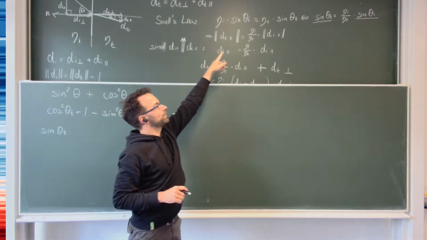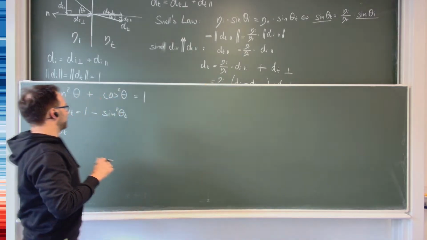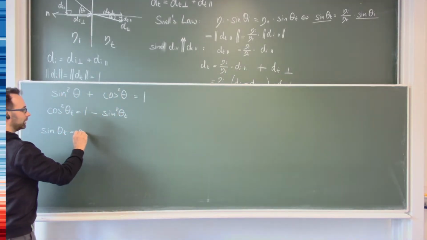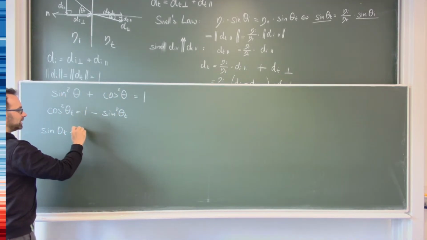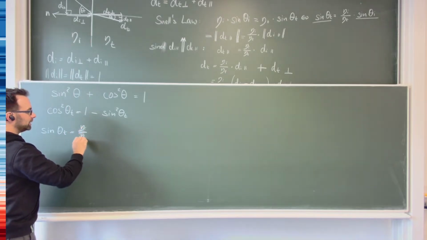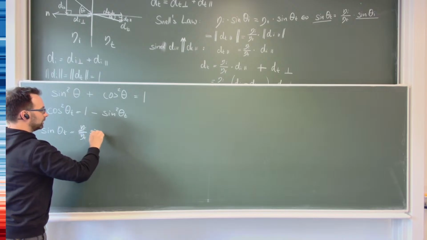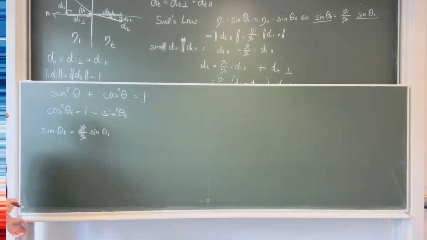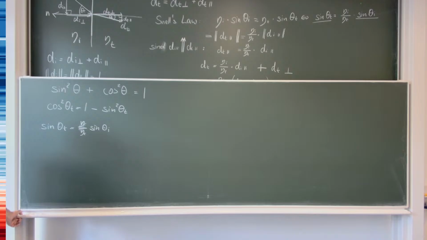It's up there. Sine of theta t is eta I over eta t sine of theta I. Right? That is Snell's law again.